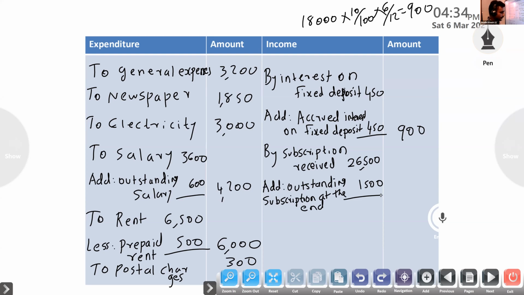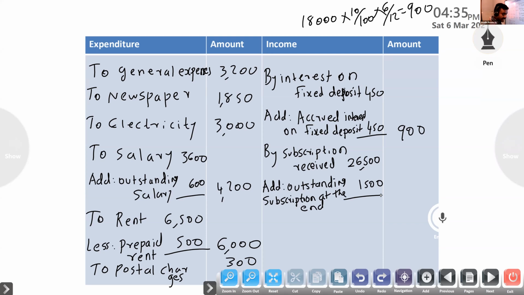Why? So it is a 6 mark, 8 mark question. Here, outstanding subscription opening is given in the adjustment. You have to write less outstanding subscription in the beginning, but it will not come here. Why? You have to look at the adjustment. They gave outstanding subscription at the beginning.